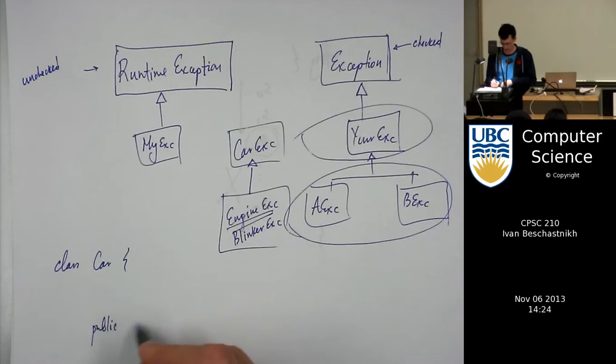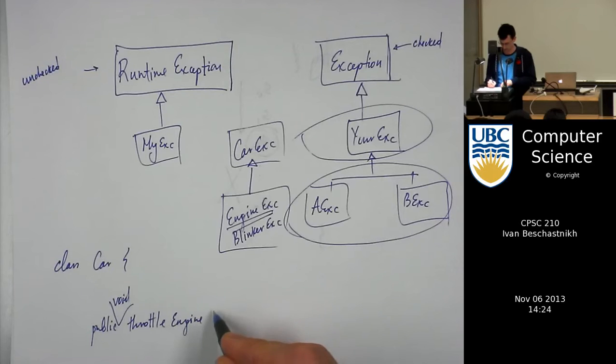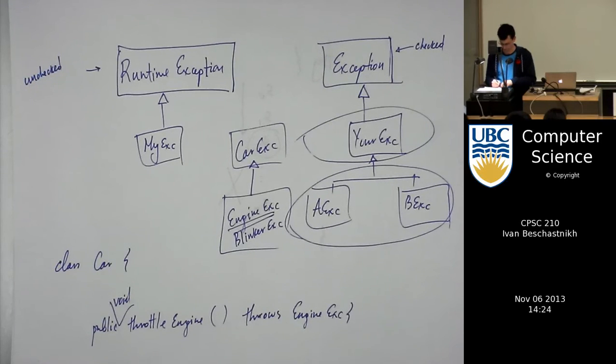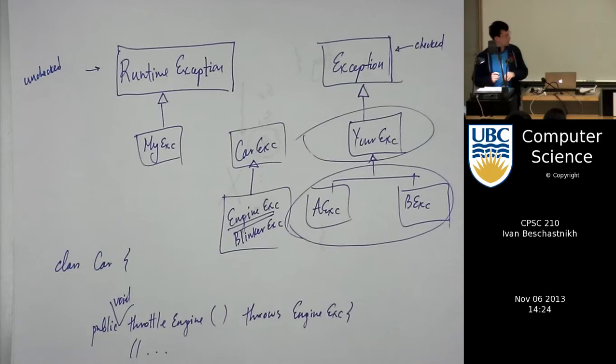So I might have a class, Car, and here I might have some method like public void throttleEngine, and this guy throws an engine exception. And there's some code in here.